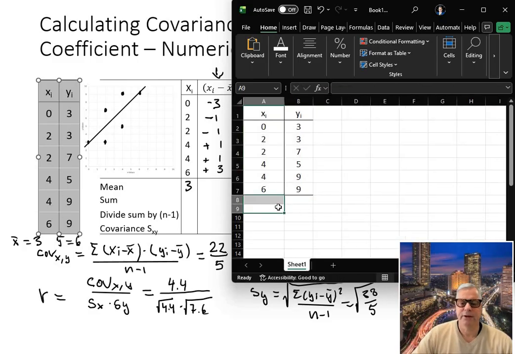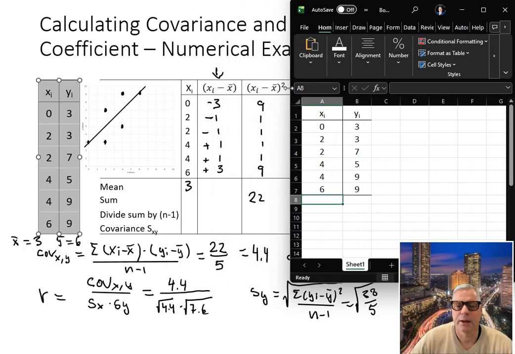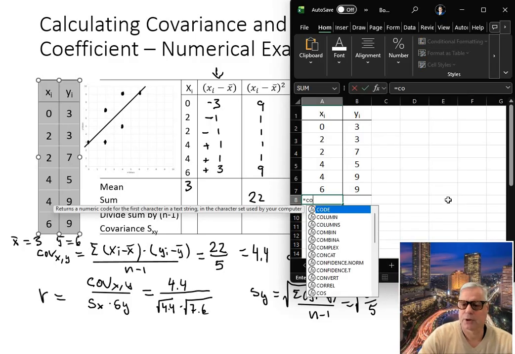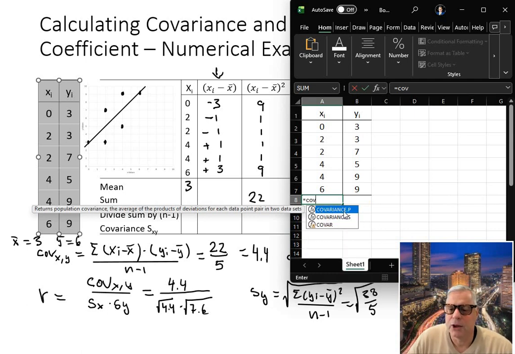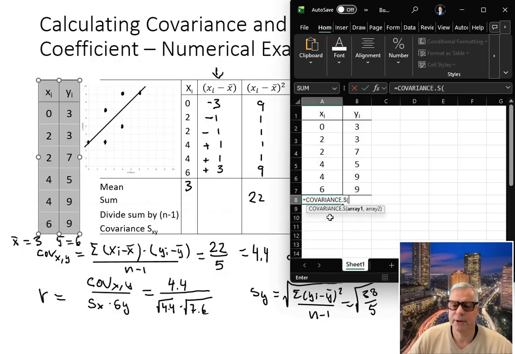So now let's see. We said the covariance is equal to 4.4. Let's double check that in Excel. So the formula is, if you enter COV, you already see Excel offers you covariance.p or covariance.s. So we use the covariance.s because we work with a sample.